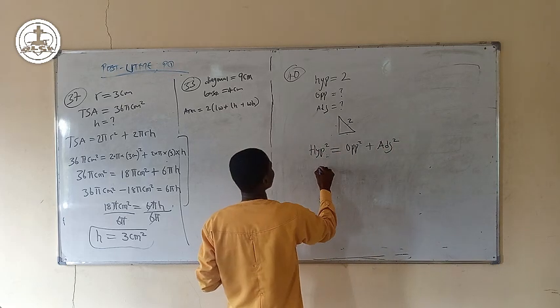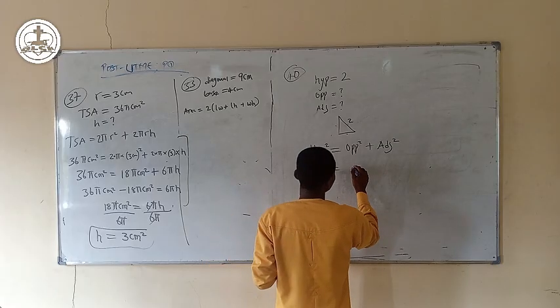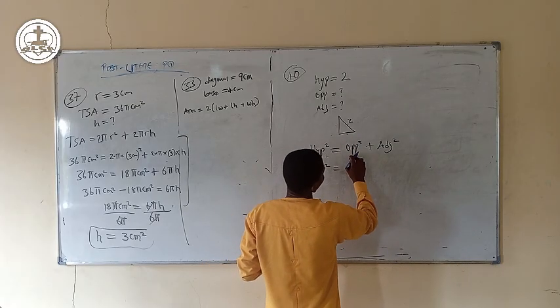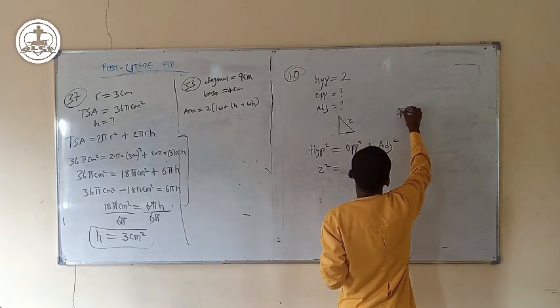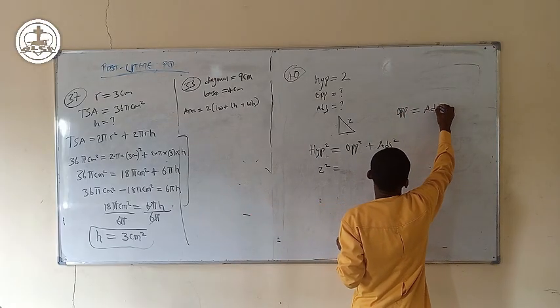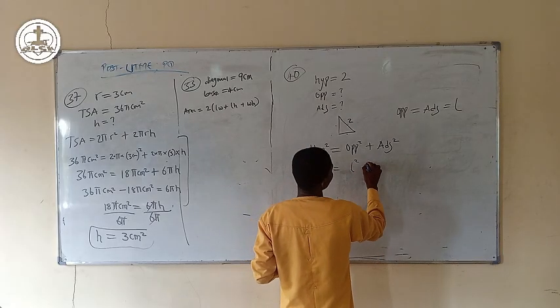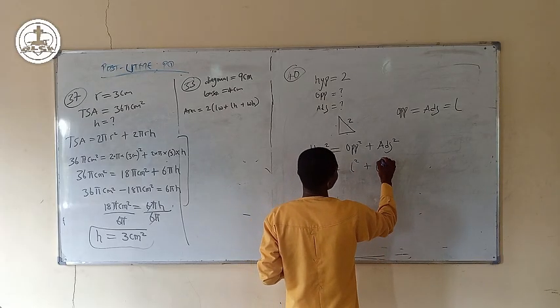So 2 squared is equal to, since they are the same, we'll name the opposite and adjacent L. So this will be L squared plus L squared.